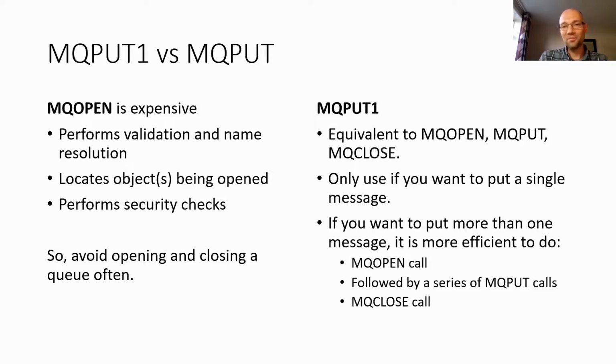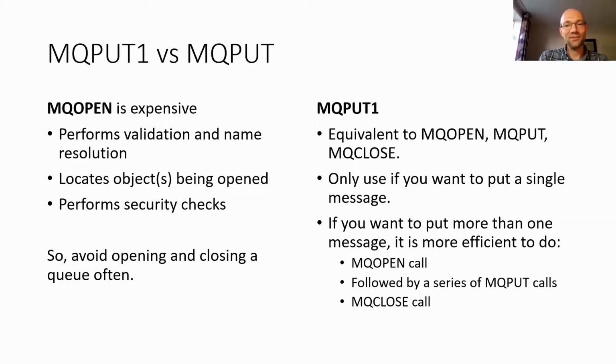Now, if you've only got one message to put to a queue, we do have the MQ put one verb, which is equivalent to doing an MQ open, MQ put, and then an MQ close. That's more efficient than calling MQ open, MQ put, followed by MQ close separately, because the application is only doing one MQI call, so it only has to call into the queue manager address space once.